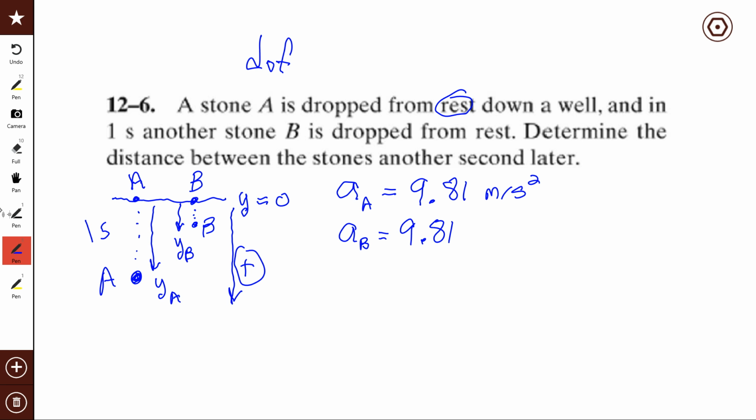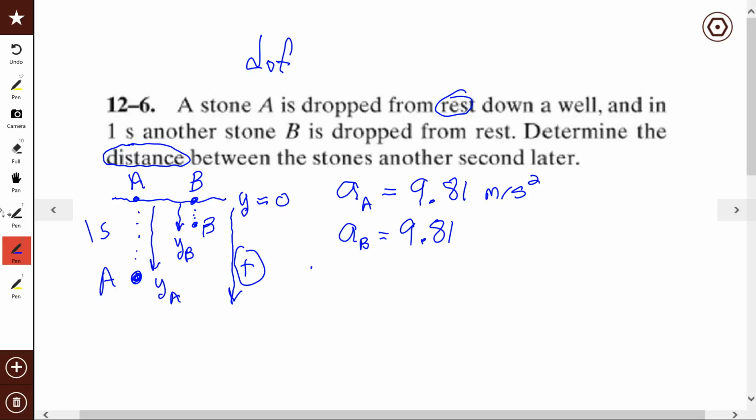Okay, because these accelerations are constant, I am able to use the handy little formulas from the textbook. Since I'm interested in distance, I really want position. I could care less about the velocity. So I'm going to look in the book for the position equations that relate position, time, and accelerations.